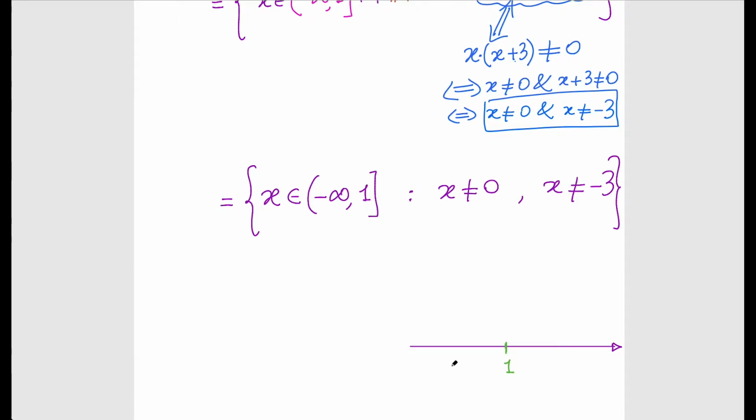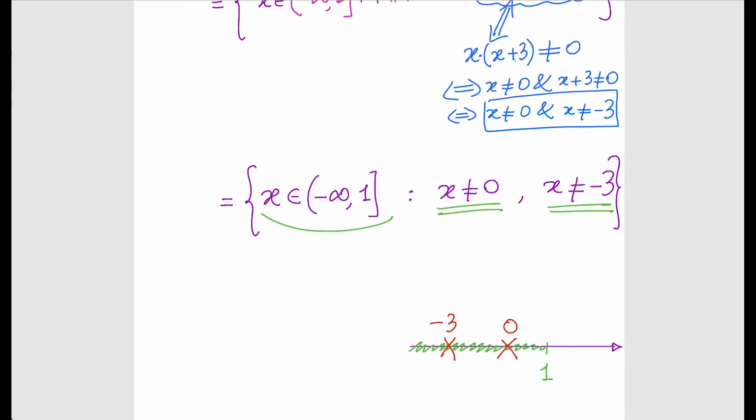Let me move it a little bit to the right. If this is 1, all these numbers are good in terms of this condition. Now, throw away the 0, throw away the minus 3. 0 is somewhere here, and it is bad. And negative 3, which is somewhere here, is also bad. And the remaining ones are the green ones, the good ones.